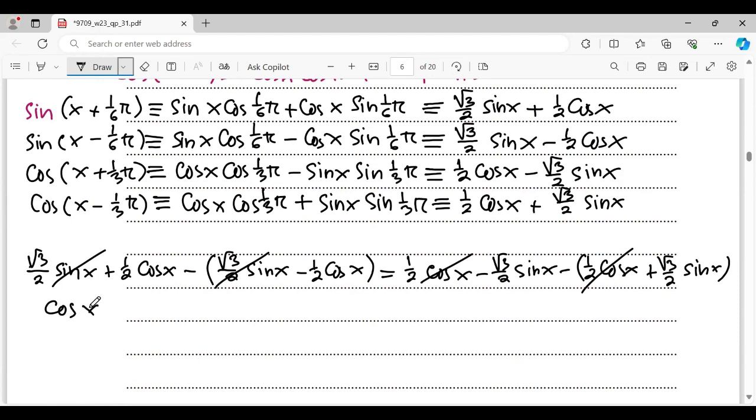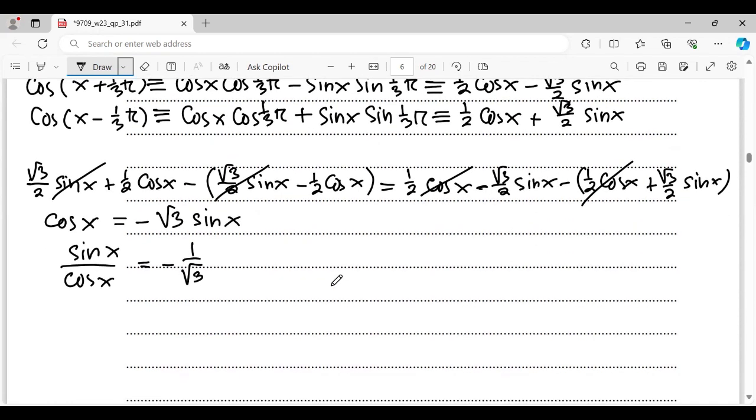Cosine x equals, this is minus and minus, so 2 over 2 becomes minus square root 3 sine x, or sine x over cosine x equals minus 1 over square root 3.